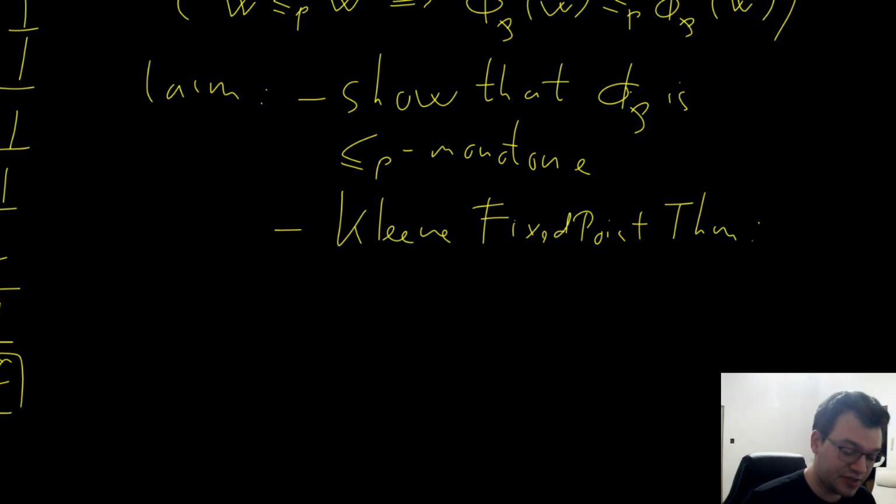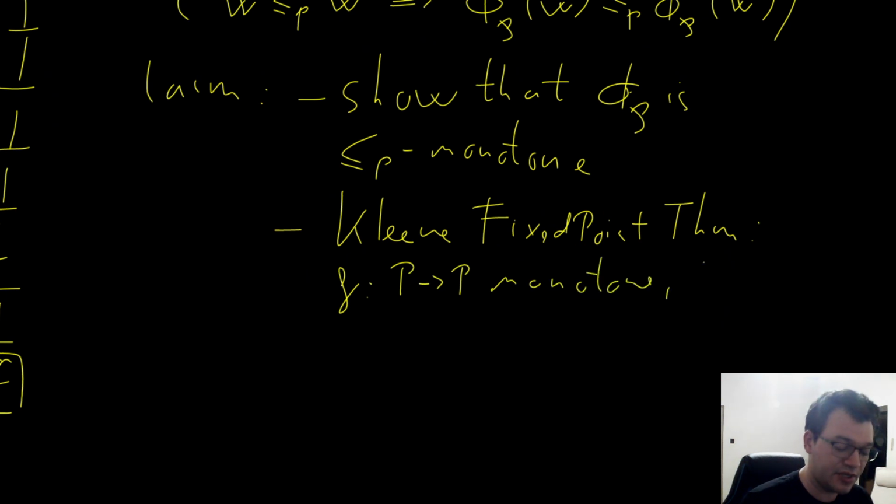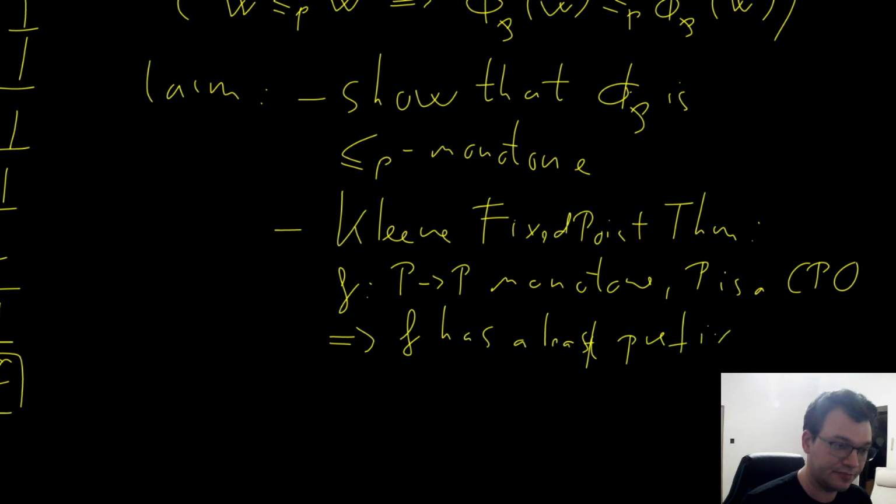So Kleene fixed point theorem: if f is a monotone function, and P is a CPO, complete partial order, then f has a least prefixed point.